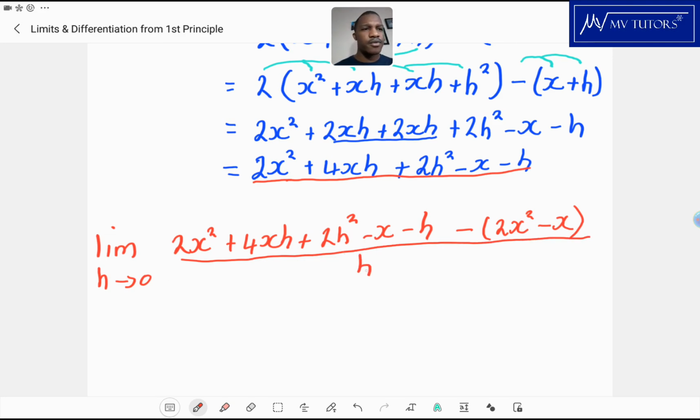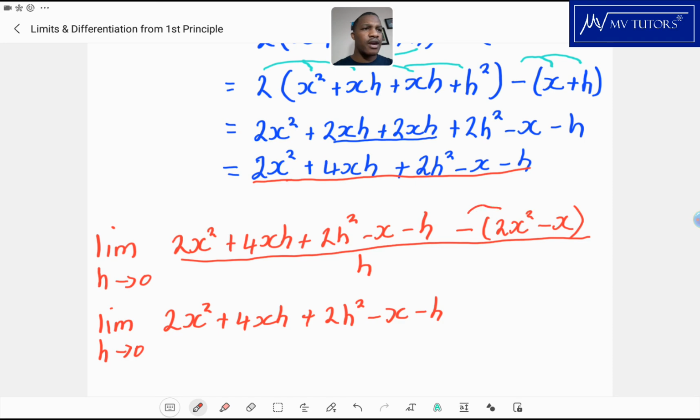We still can't substitute h for 0 because we're going to get a denominator of 0 and that's undefined, so we need to further simplify the equation. So we retain that 2x. I'm going to rewrite this exactly as it is, and then at the end I'll get rid of those brackets so that you can see clearly what's happening.